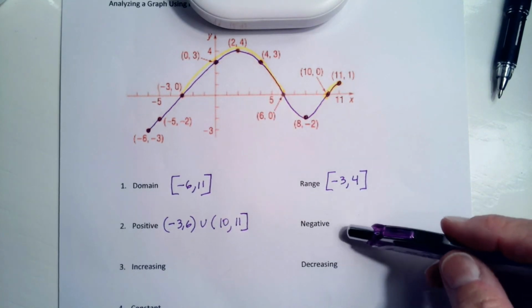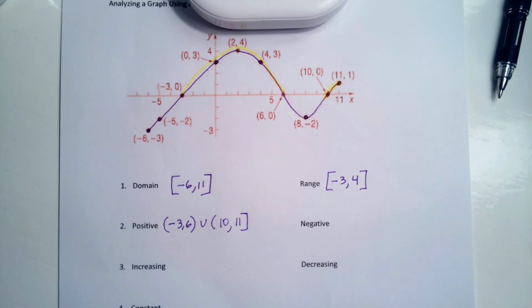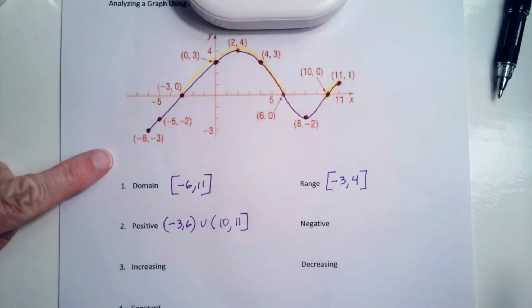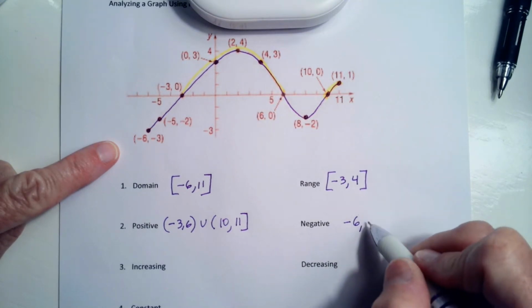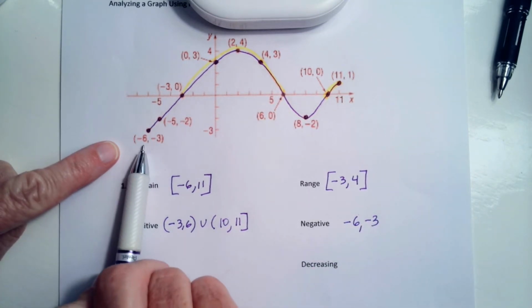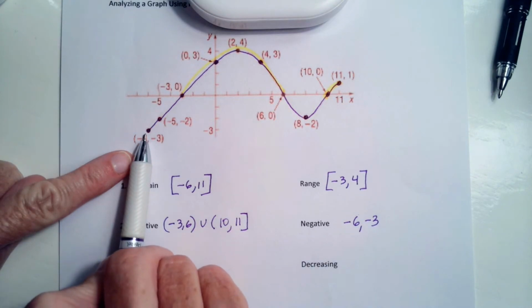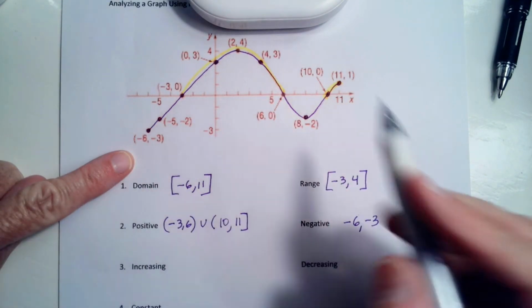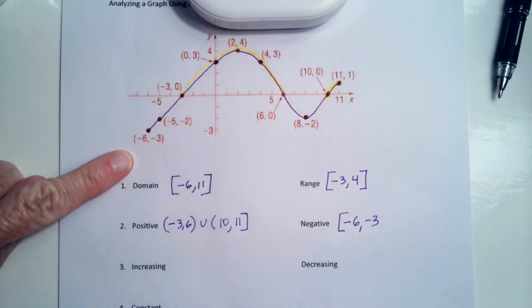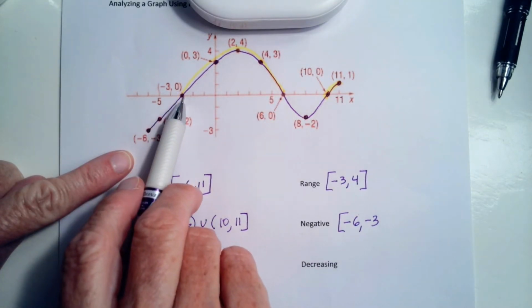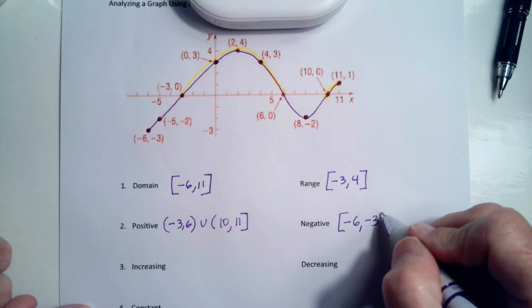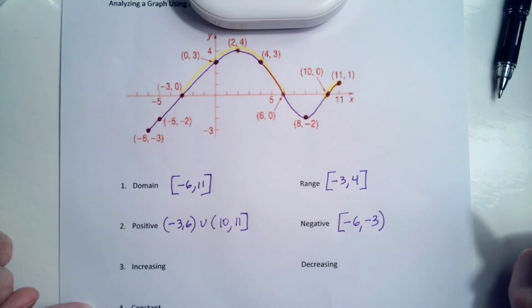The graph is negative below the x-axis, so it's going to be negative between -6 and -3. At -6, the graph is clearly below the x-axis, so it's going to be a bracket. But at -3, that's an x-intercept, and the y value is 0, which is not negative, so we're going to do parentheses.